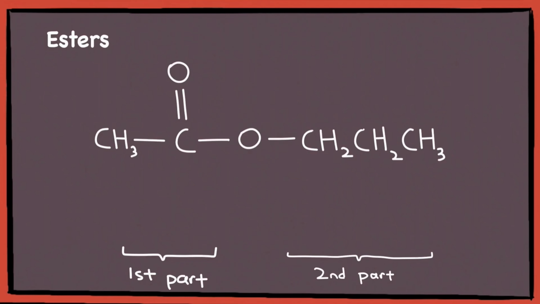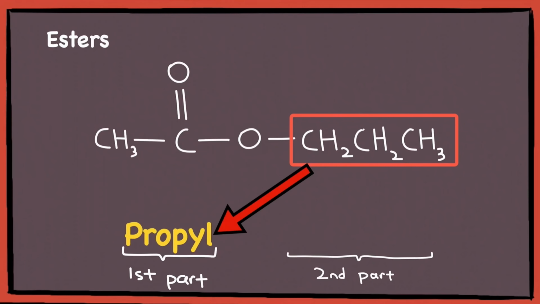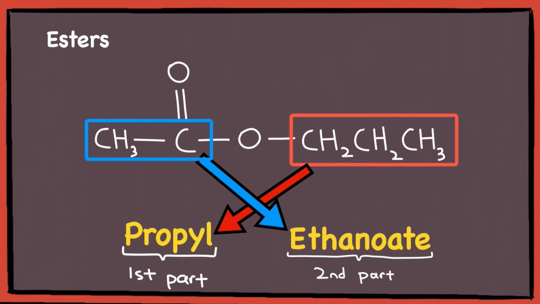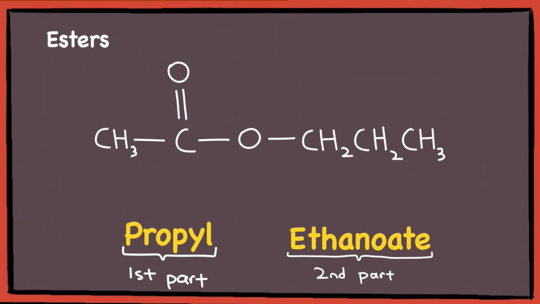For example, let's take a look at this ester. In the right hand side section of this ester, there are 3 carbon atoms, hence making the first part of its name propyl. Then to name the second part of its name, we will look at the left hand side section of the ester and there are 2 carbon atoms, meaning the second part of the name will be ethanoate. So combining them, we will get propyl ethanoate.